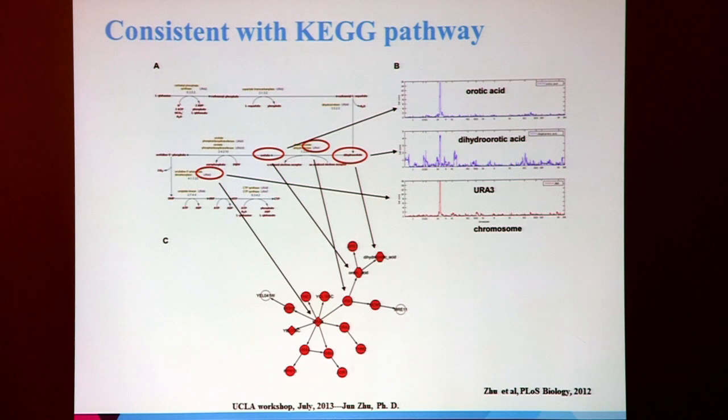There are a lot of other things. I think yesterday some people asked whether our network is similar to the KEGG pathway or not. Really, that depends. If you have a KEGG pathway and some of the nodes we have measured, both metabolites and genes, we can see that they fit in the local structure.